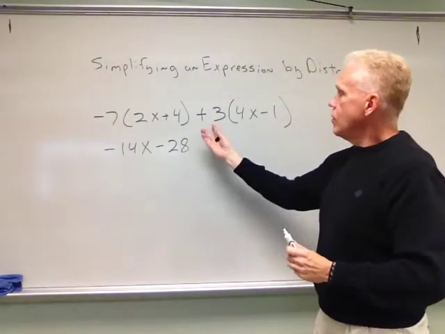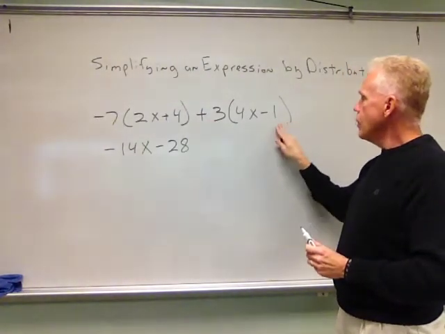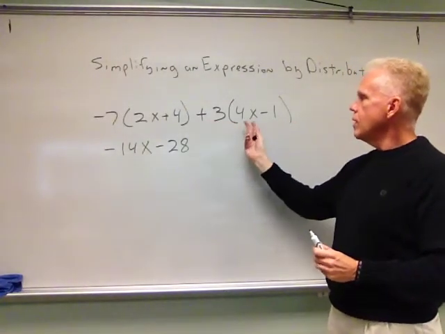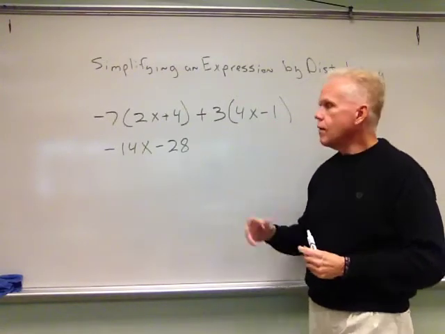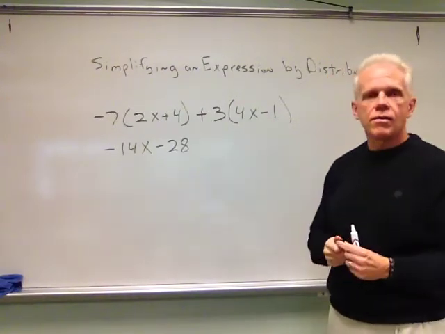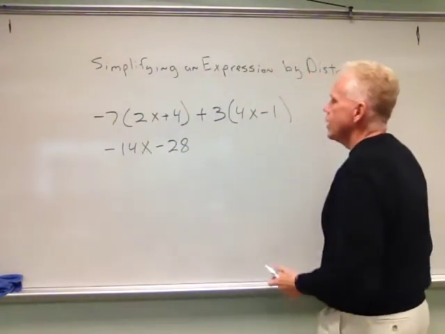Now, we're going to distribute the positive 3 through this second parenthesis right here. A positive 3 multiplied through here. Pause the video for a second and distribute that yourself and see what you get coming in behind here. Hey, you're back, and let's take a quick look.